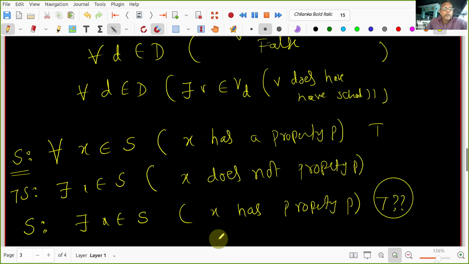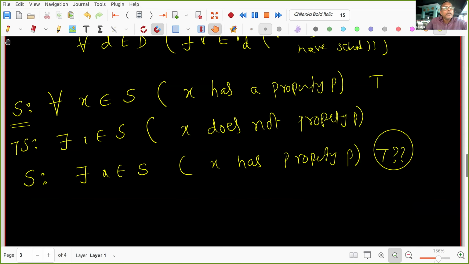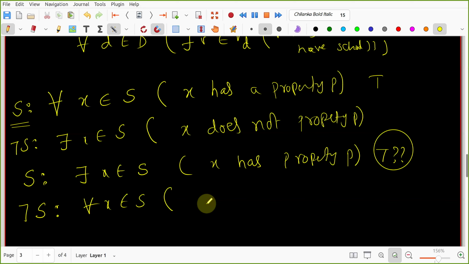Okay. When this is false, its negation is true. This is false meaning what? Given any X in S, X does not have property P, right? Okay. Good.